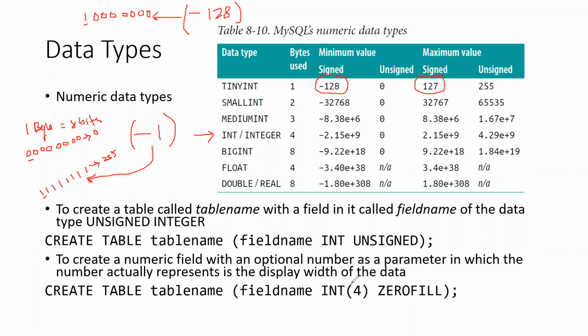This is actually for the display, the number of digits to display, that width. Sometimes you can fill with zeros as well. For example, if you store 0, then it will display 0000 with four zeros. Okay, so that's about the numbers.